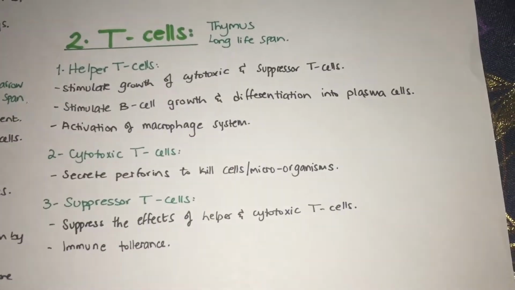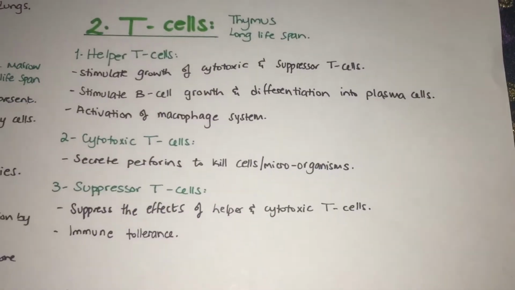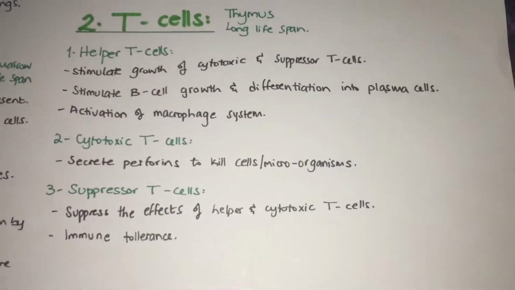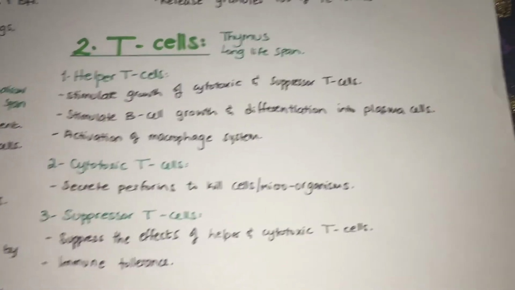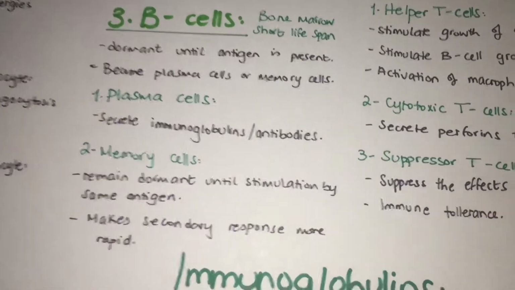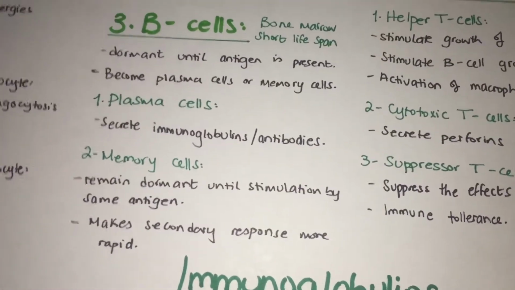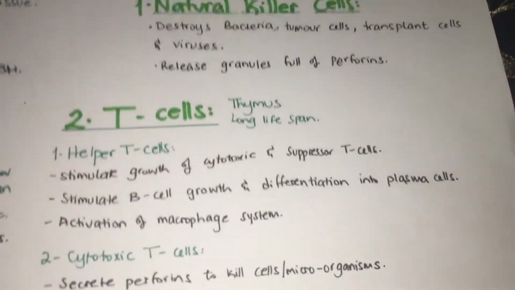Okay, the second type we're going to be talking about are T cells. The T cells are called T because they mature in the thymus gland, in comparison to the third type, which are B cells, which mature in the bone marrow. Just note that both types are formed or synthesized in the same places.